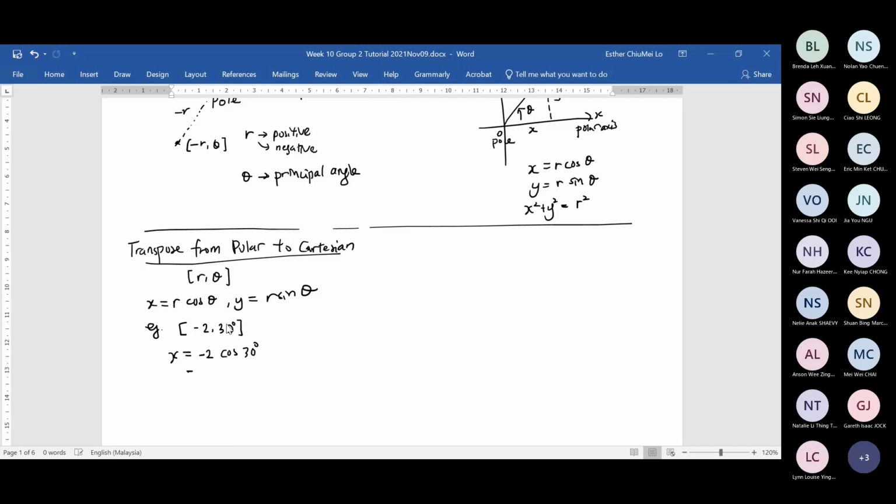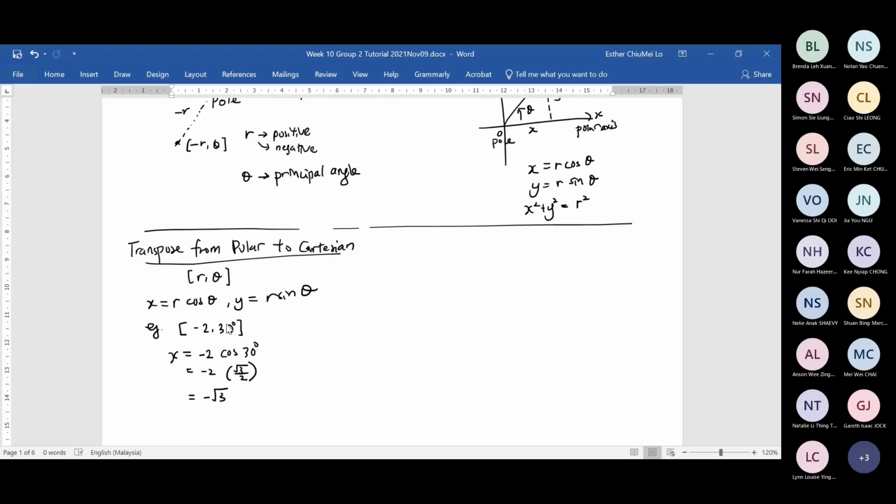The theta here is 30, so cos 30 is square root 3 over 2. If you simplify this, you get negative square root 3. That is for your x coordinate.